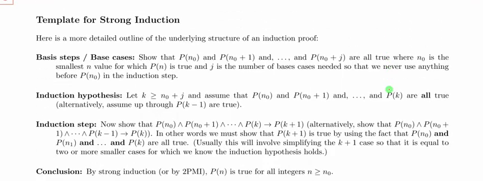So the template for strong induction, we're going to have our basis step or steps, or our base case or cases, however you want to label that. We're going to show that P of n sub 0 and n sub 0 plus 1 and so on out to P of n sub 0 plus j are all true, where n sub 0 is the smallest n value, and j is the number of base cases needed so that we never use anything before P of n sub 0 in the induction step.